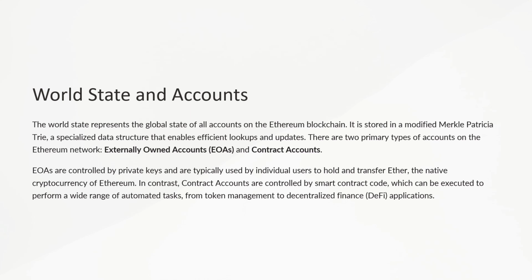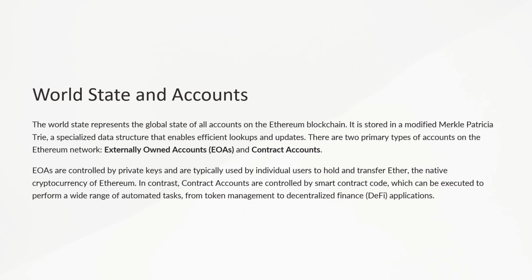The world state represents the global state of all accounts on the Ethereum blockchain. It is stored in a modified Merkle Patricia trie, a specialized data structure that enables efficient lookups and updates. There are two primary types of accounts on the Ethereum network: externally owned accounts, or EOAs, and contract accounts.